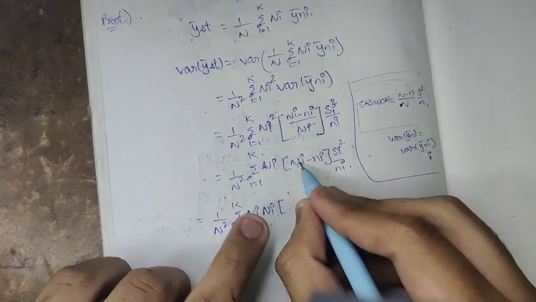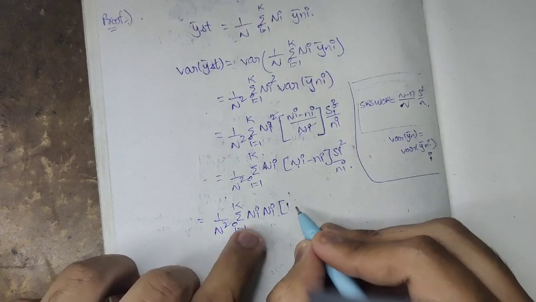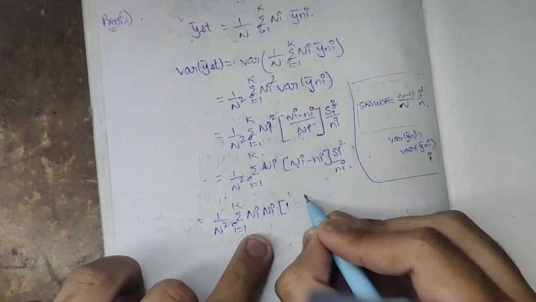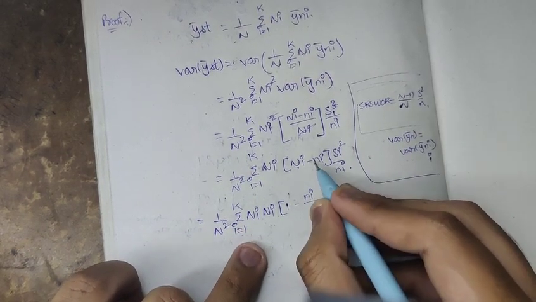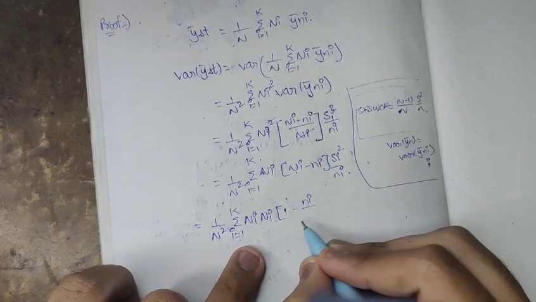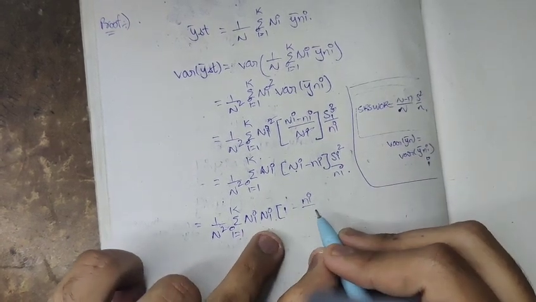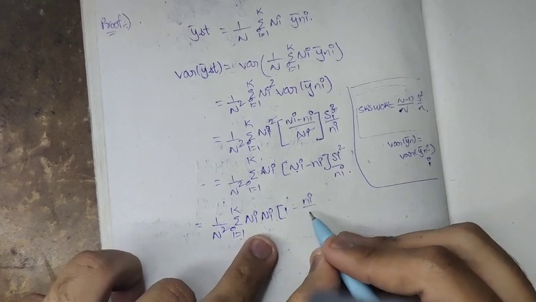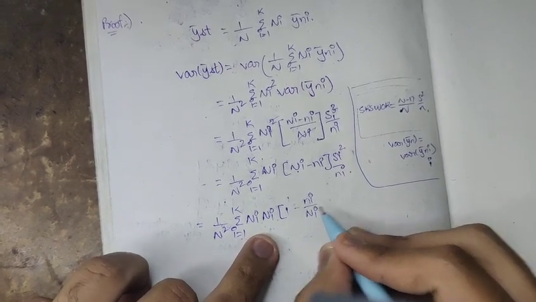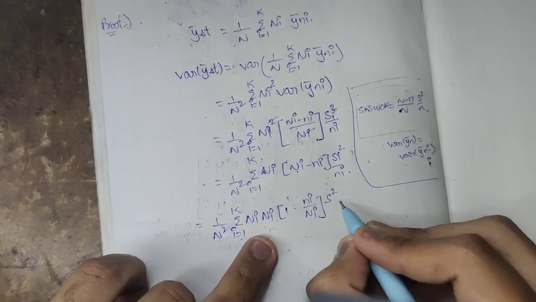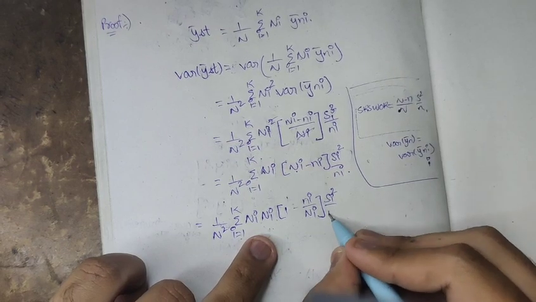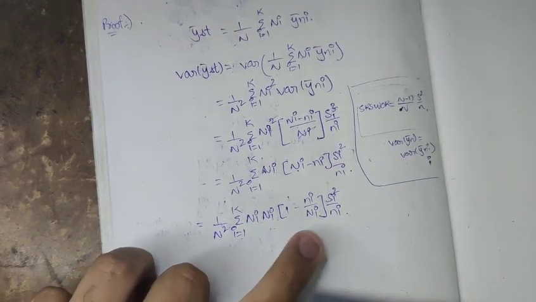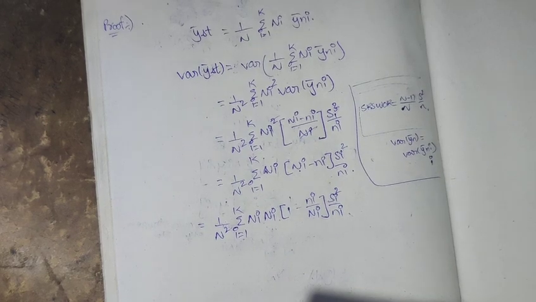So N_i², times (1 − n_i/N_i), because there is no N_i in this term, and if we multiply N_i again to n_i/N_i, the N_i will cancel and we'll have the small n_i. That's it, into S_i²/n_i.